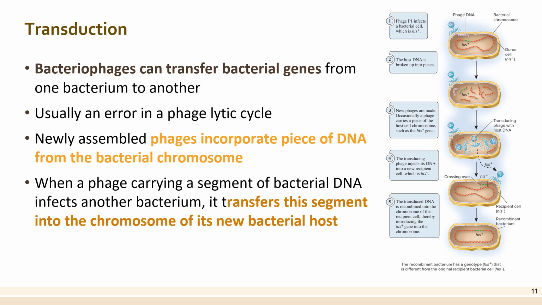So this happens because sometimes errors occur when the virus is being packaged, the viral DNA, I should say, is being packaged into the capsid. If you recall from our lecture on viruses, we said that viruses not only make their own genetic material, but they also deactivate the host cell DNA. And they do that by cutting it into pieces.